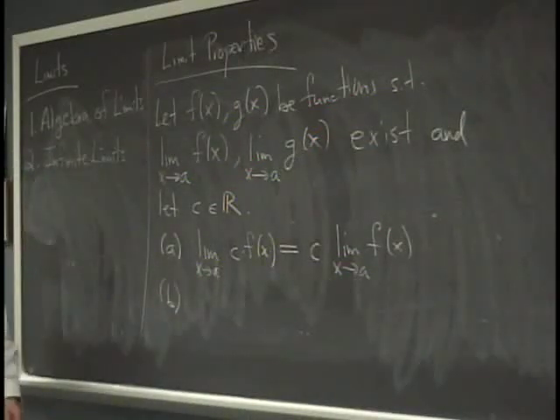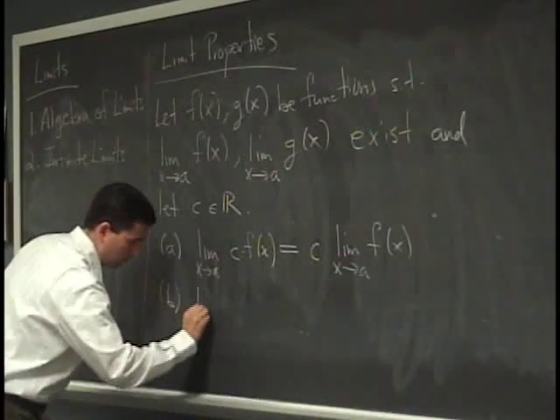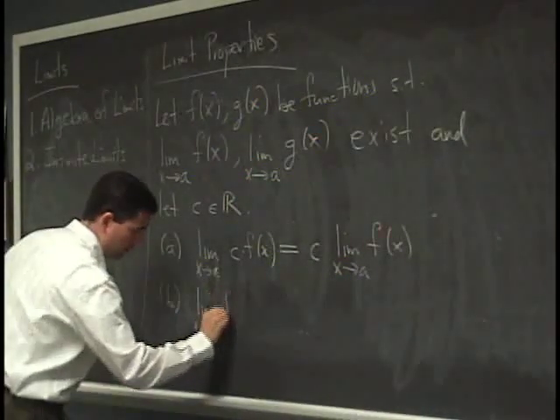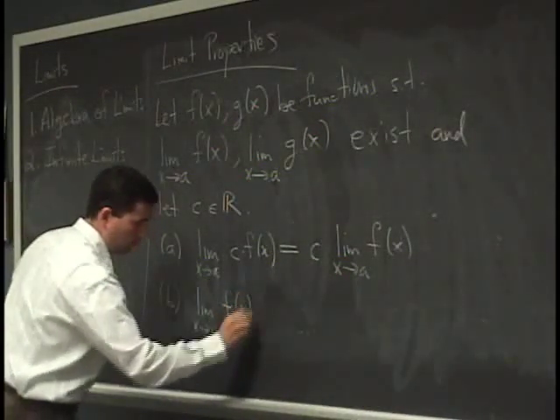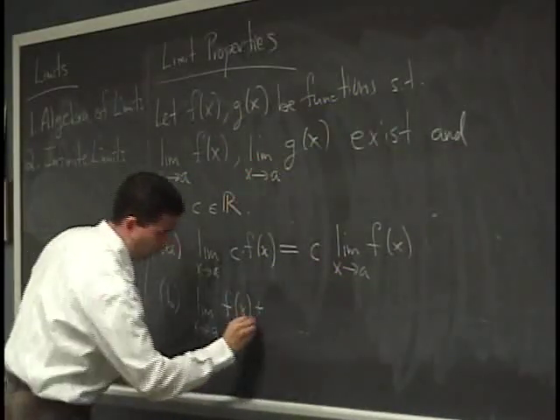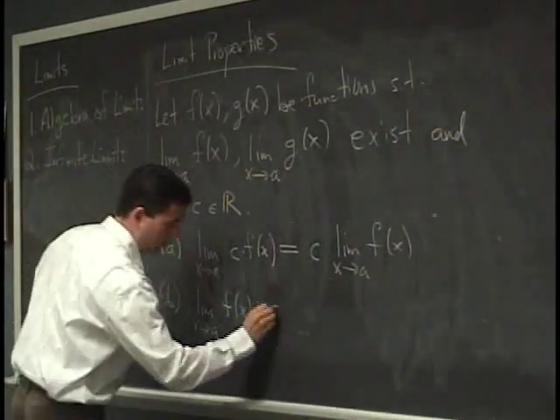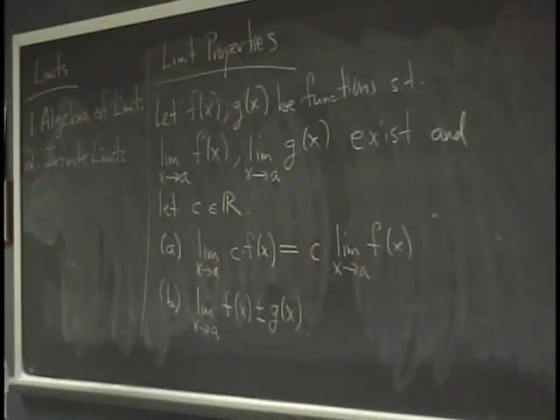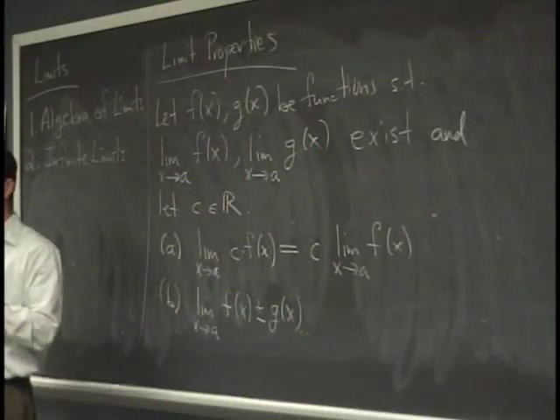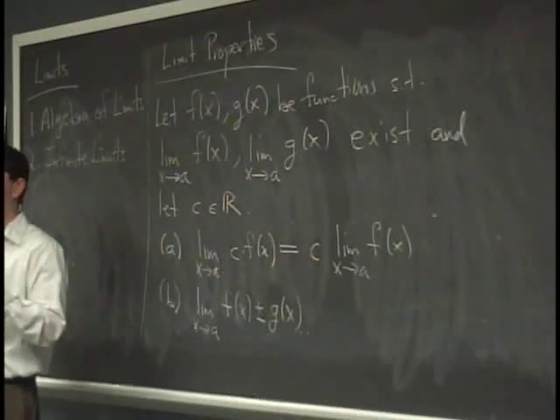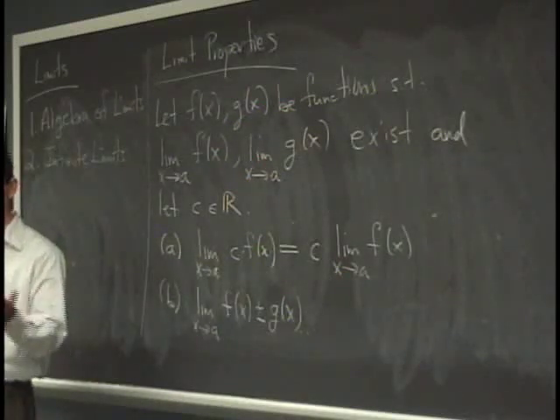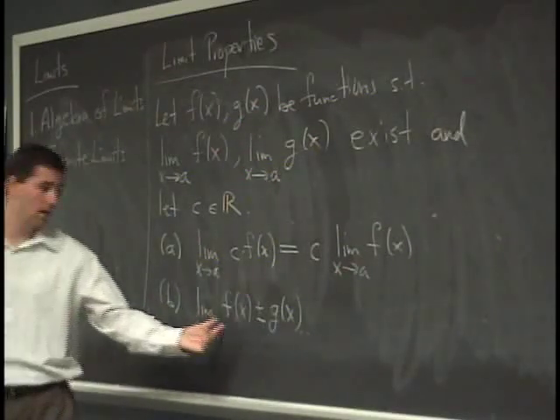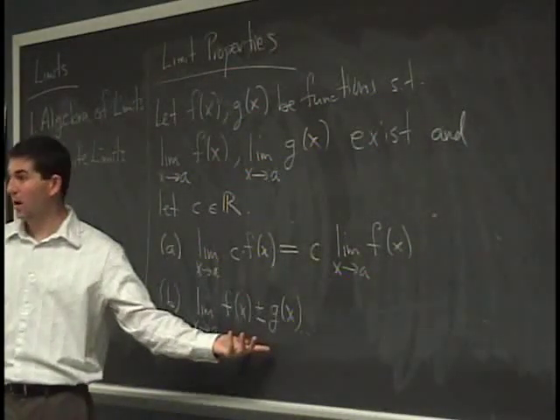Second statement. Let's say I want to add or subtract f of x from g of x, and then take the limit. So for instance, x squared minus x, or x squared plus x. Then it's going to be exactly what you want.